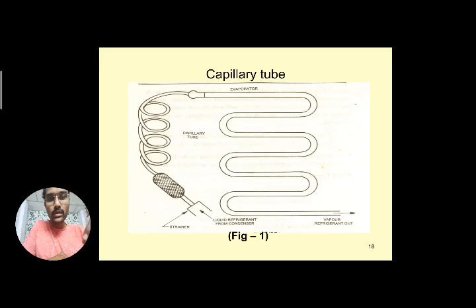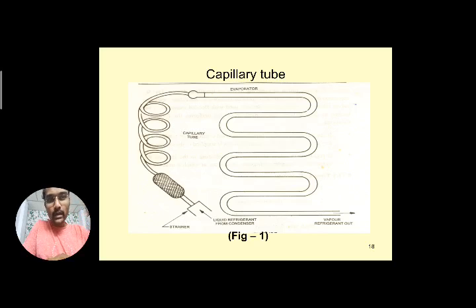If you are not using the dryer, there is a chance that a very minute amount of moisture is present, during the charging of refrigerant or due to other factors. Mostly during the charging of refrigerant, a small quantity of moisture enters the system, so that has to be removed.